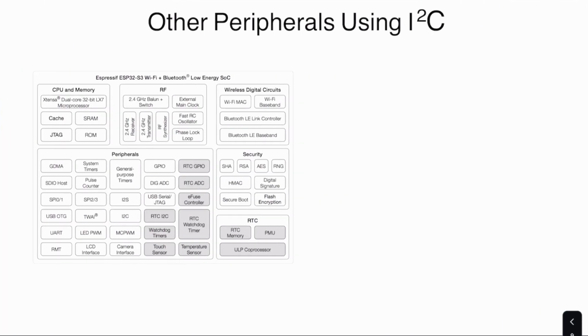We haven't discussed it much yet, but our chip has a lot of different peripherals that are tied directly into this I2C interface. The I2C interface has 2 pins that are used. There's one for SDA, that's the data pin, and one for SCL, that's the clock pin. And tied into those, we'll have several peripherals.